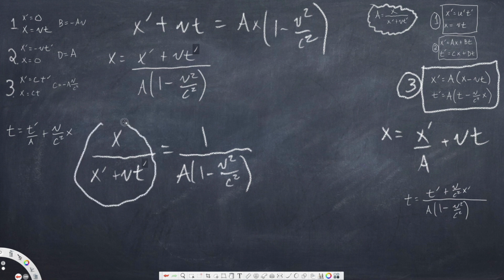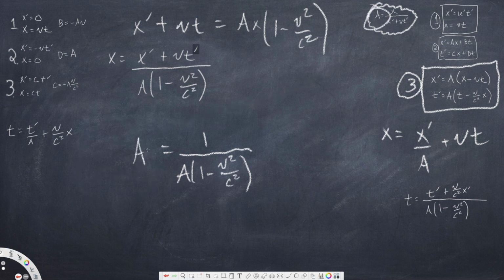This is something we saw up here. A equals 1 over a times 1 minus v squared over c squared. So we get rid of this a by putting it over here, and we get a squared equals 1 over 1 minus v squared over c squared.